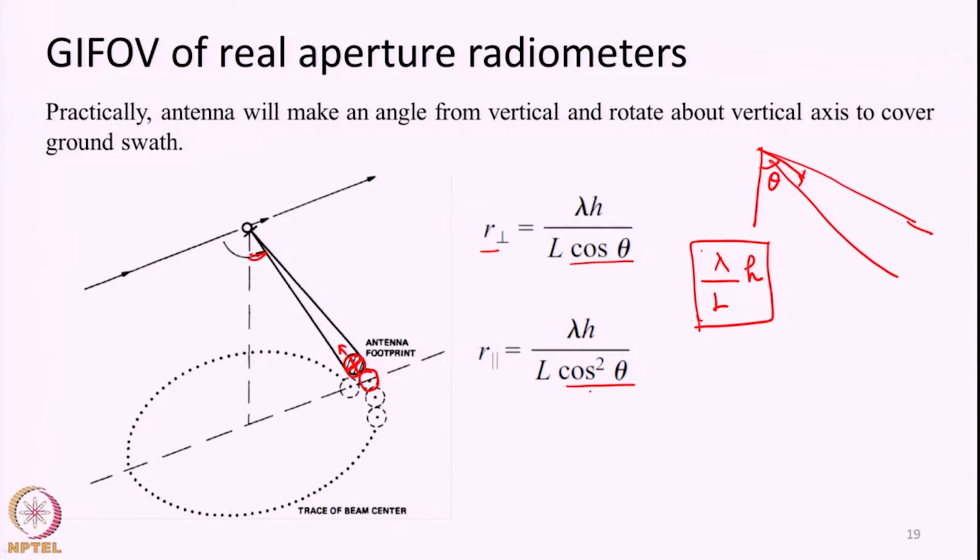So, this suggests the 24 kilometers we calculated is itself a very small number. The actual resolution, just from this limitation of antenna beam width, is higher, in the order of say 27-28 kilometers.